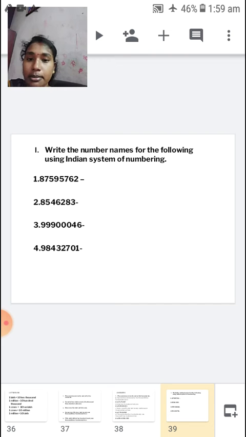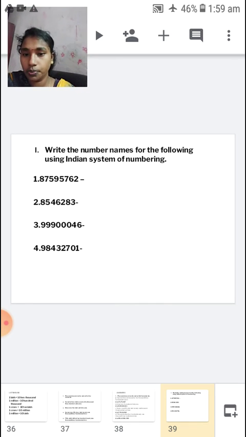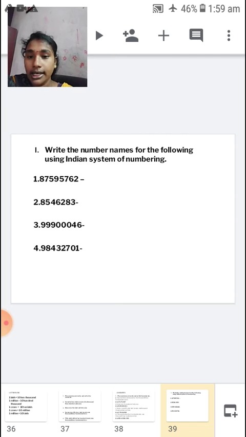So the number name will be 8 crore 75 lakhs 95,762.